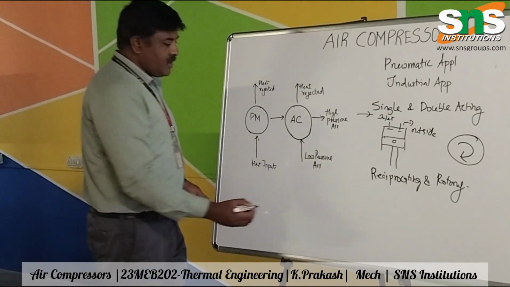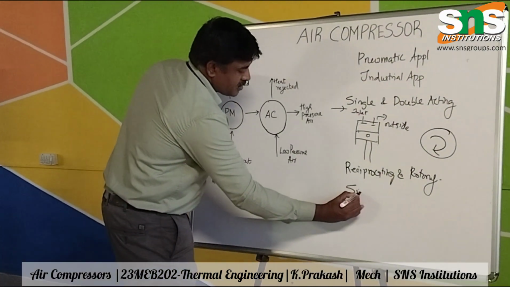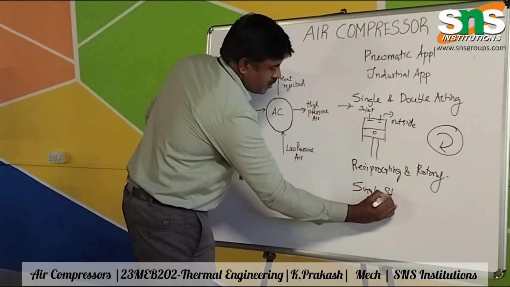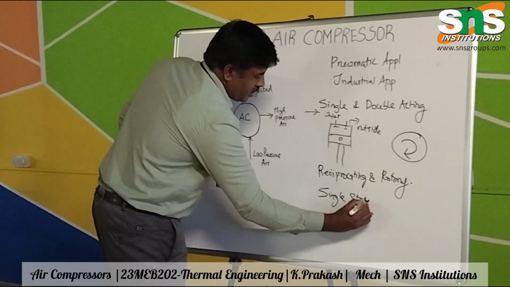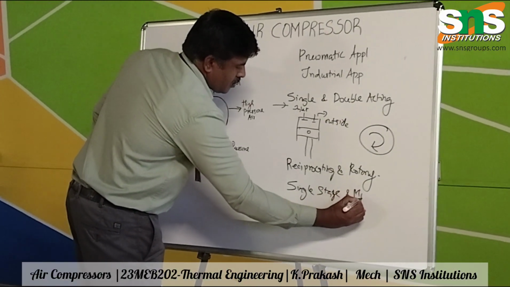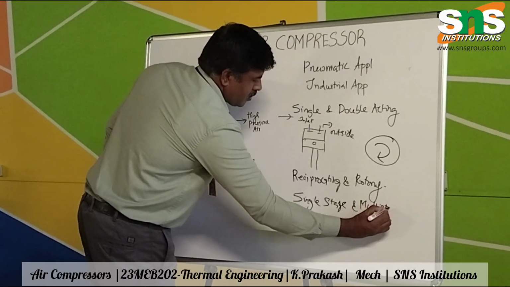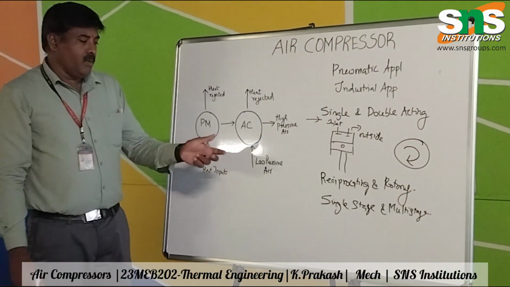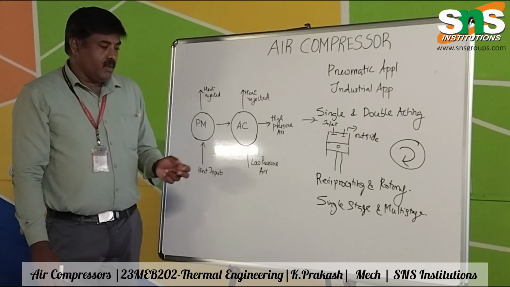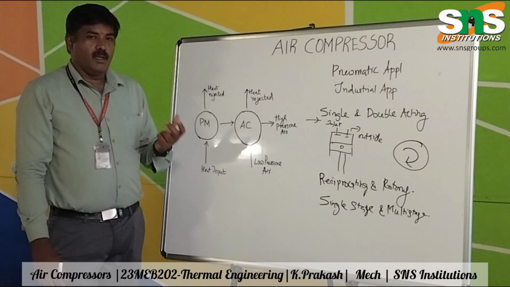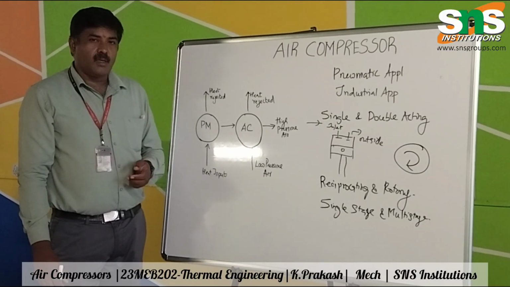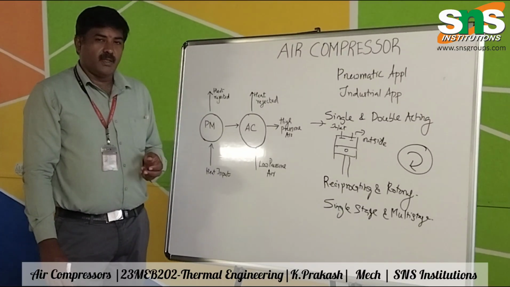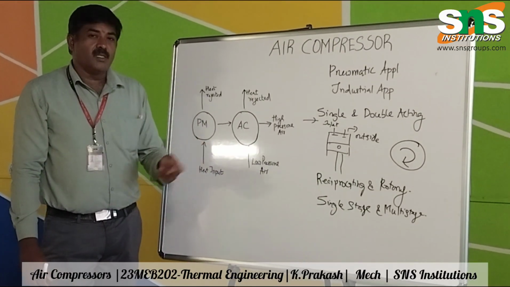And then there are single stage and multi-stage compressors. What is meant by single stage and what is meant by multi-stage? If the air is compressed to the required pressure using one cylinder, in a single action, that is called a single stage.